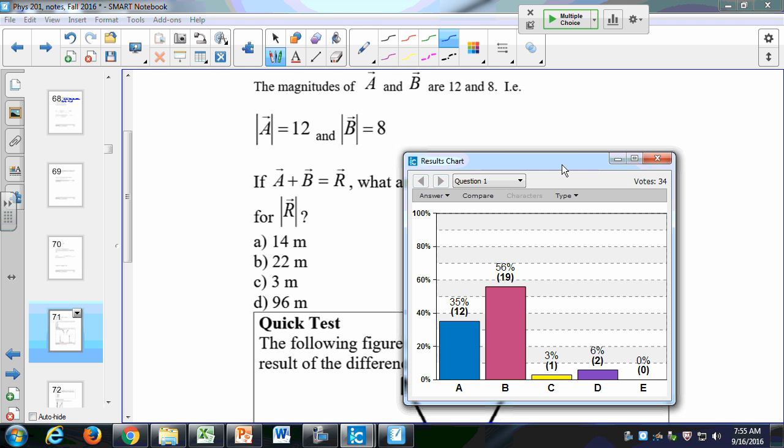But if you imagine, this is 12, this is 8. As I close this angle, make it smaller and smaller, eventually I just get to this situation. All right, so those are the limits on how we add our vectors. Our maximum is going to be 20, and our minimum is going to be 4.